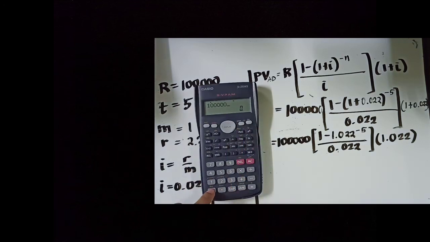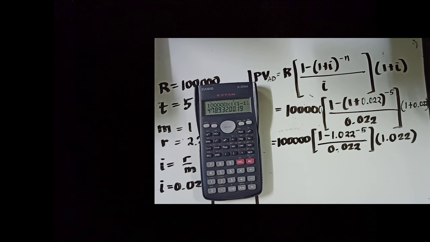So, 100,000 pesos multiply by, okay, so again, dalawang parenthesis para dito and para sa numerator. So, 1 minus 1.022 raised to, exponent natin, negative 5, close parenthesis, then over the denominator, which is 0.022. Close parenthesis, okay? Then multiply by 1.022.